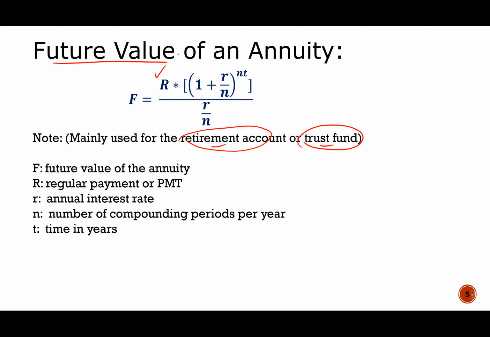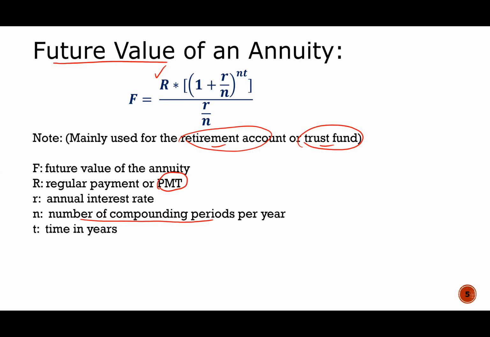R represents regular payment, or PMT, right? Or fixed payment, regular payment, or PMT. You can use either one of those interchangeably. And then r represents annual interest rate, okay, just like the compound interest formula, same notion. N is number of compounding periods per year, and T is the time in years.